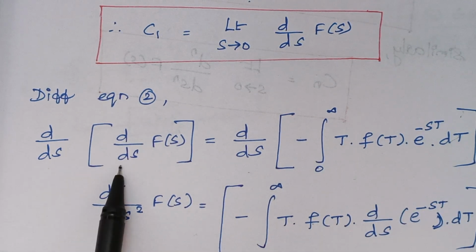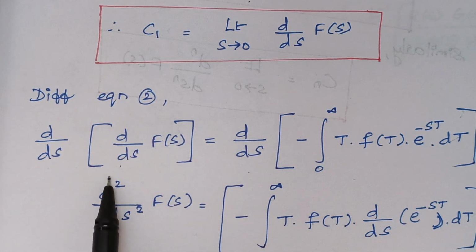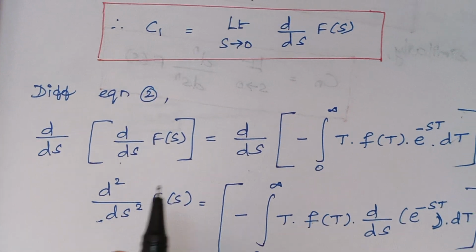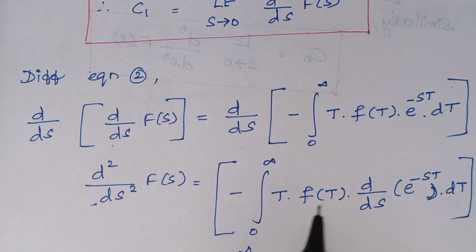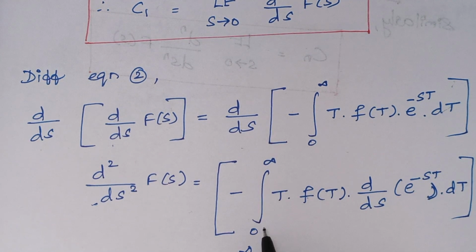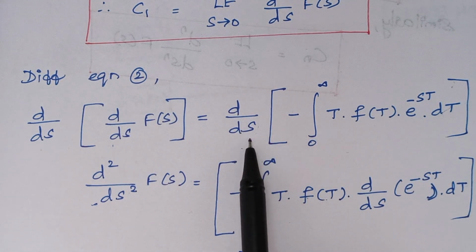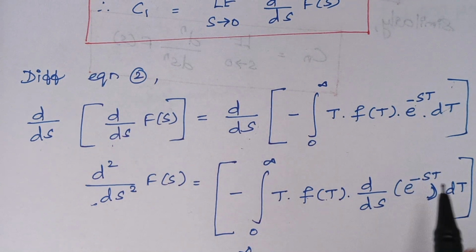This is double differentiation, so I can write it as d square by ds square. Here, to the right hand side, we have to apply this differentiation as well. Integral 0 to infinity t into f of t, and differentiation happens with respect to s, and here I have this s term.